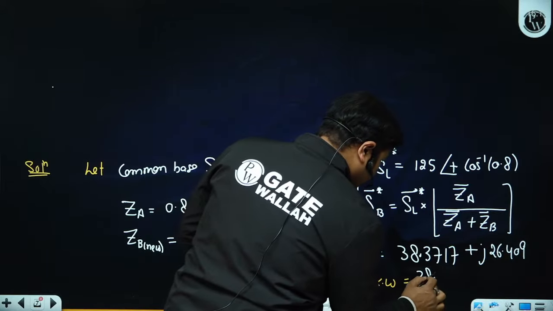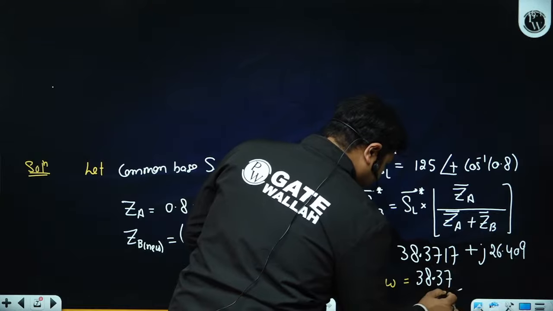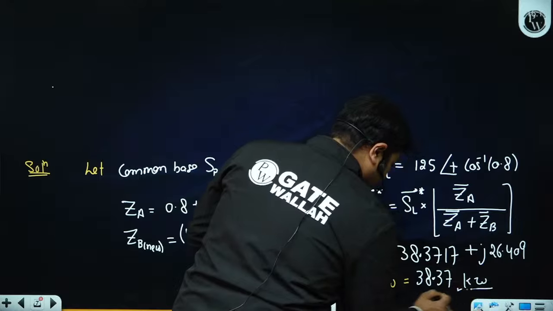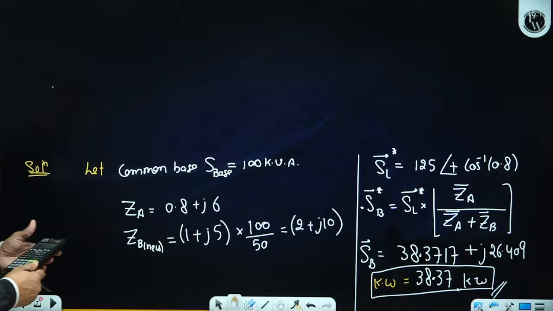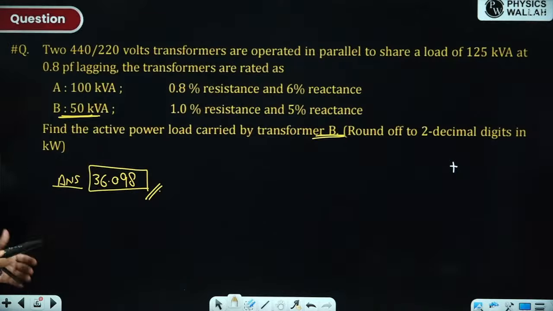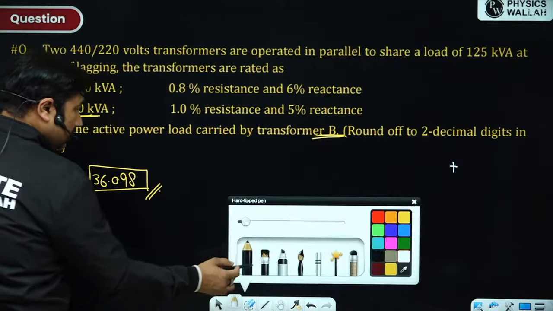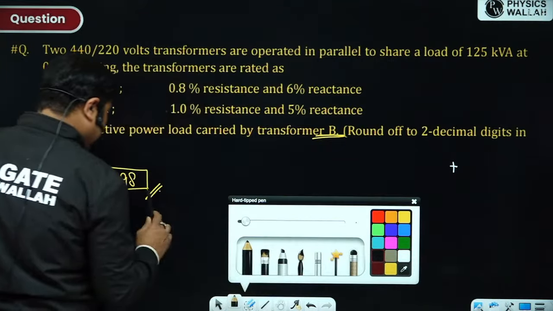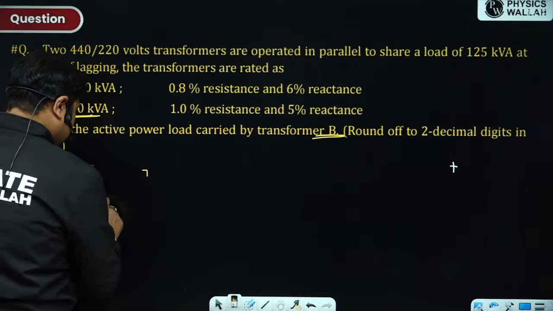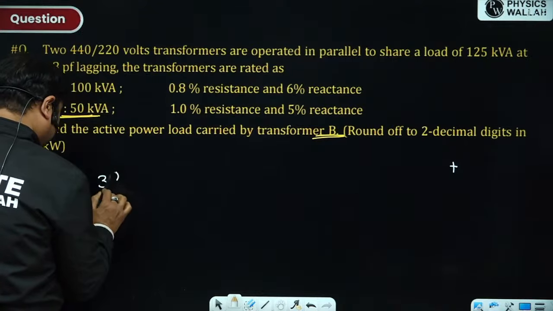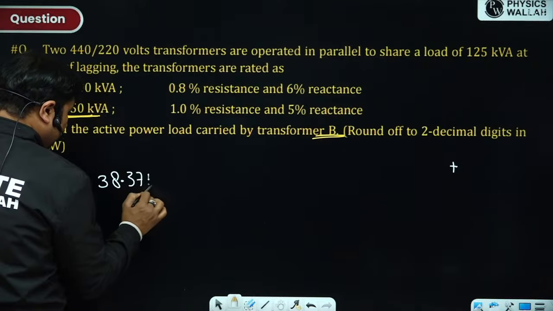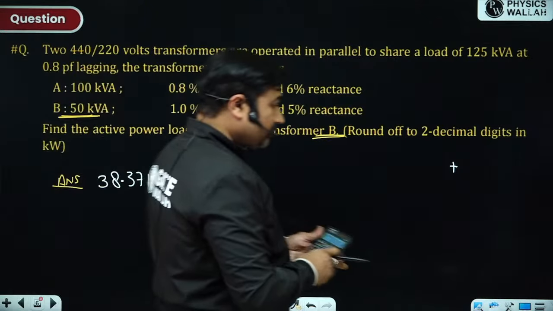So you have to choose 38.37 kilowatt. Kindly check the calculation. I have done the recalculation, so it is okay. So this is 38.371 kilowatt. Can we move to the next question?